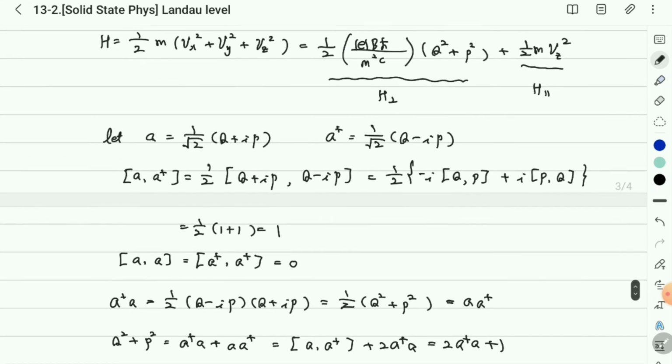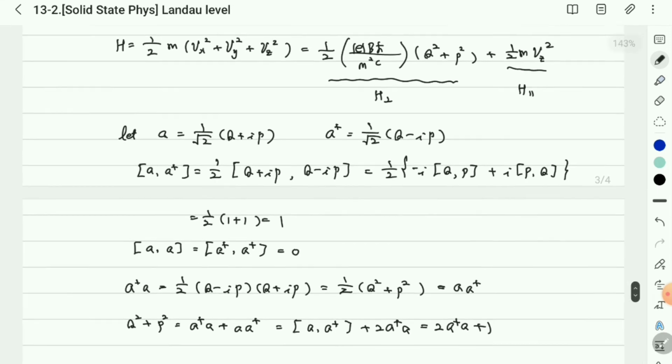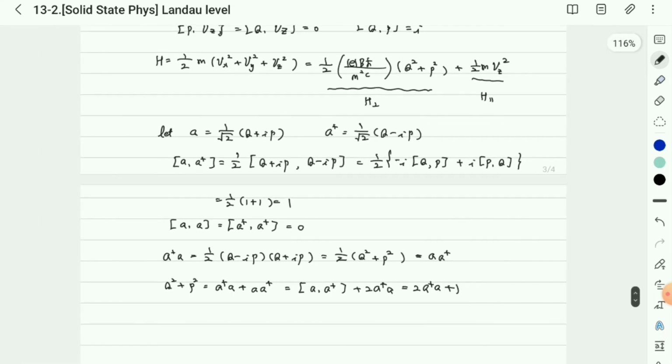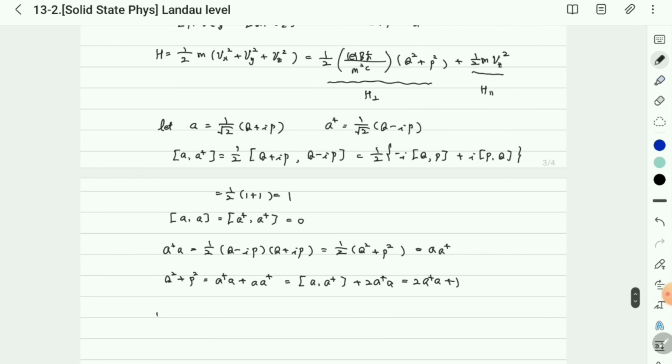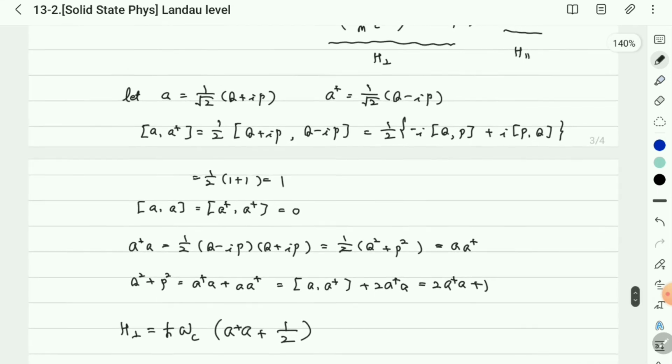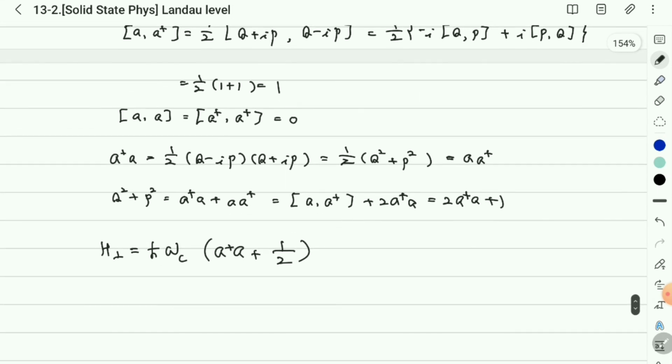Therefore, the harmonic oscillator term, the Hamiltonian in the perpendicular direction, is h bar omega c times (A dagger A plus 1/2). Therefore, the energy in the perpendicular xy direction is h bar omega c times (n plus 1/2).